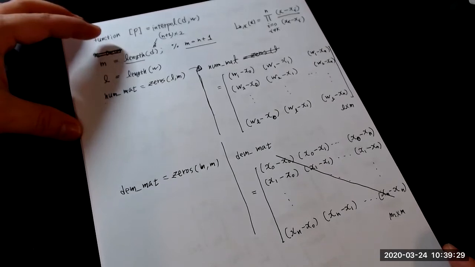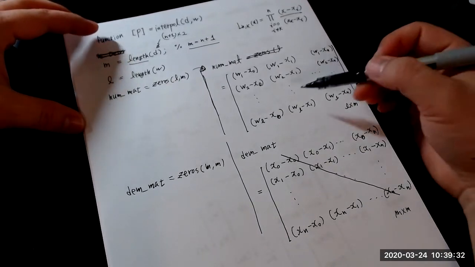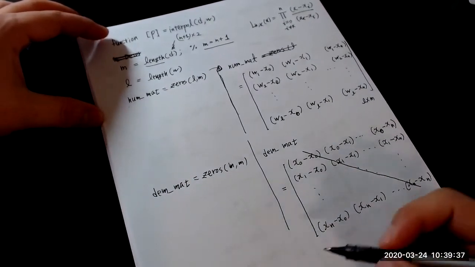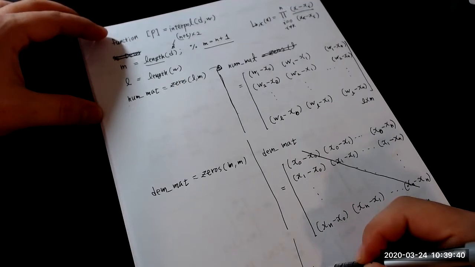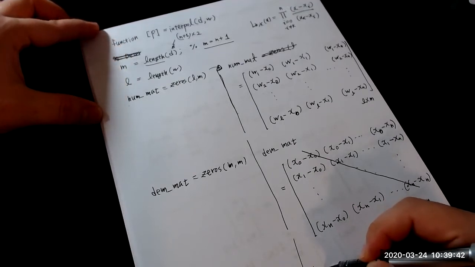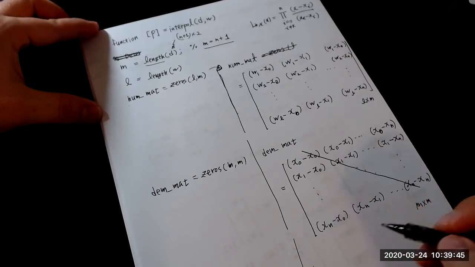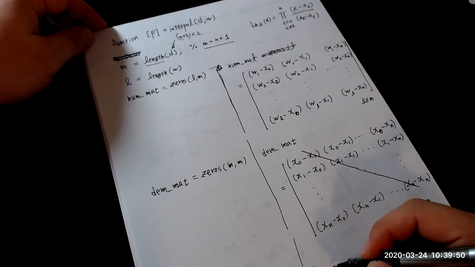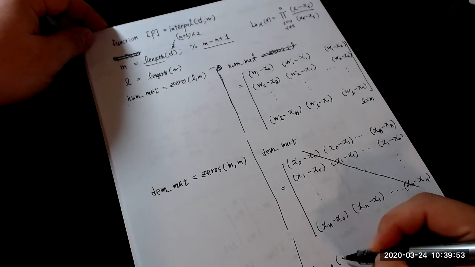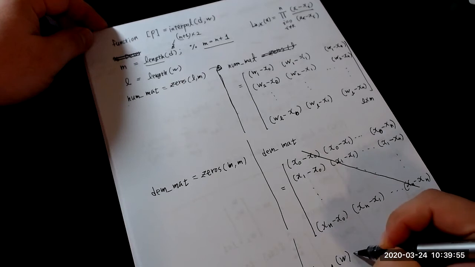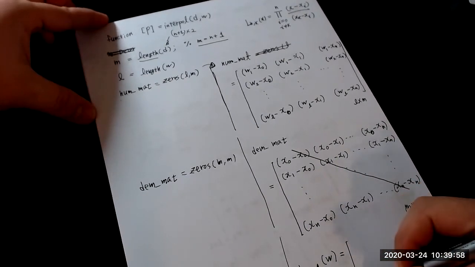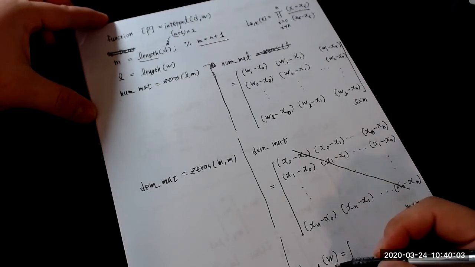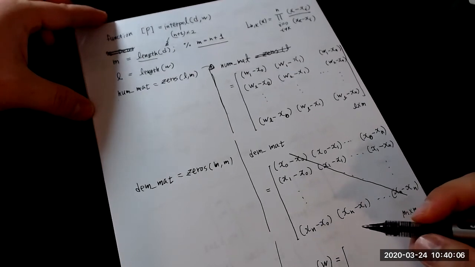Once you have constructed these two matrices, then what? For example, L n comma 1 of W. Keep in mind that W is a column vector, right?